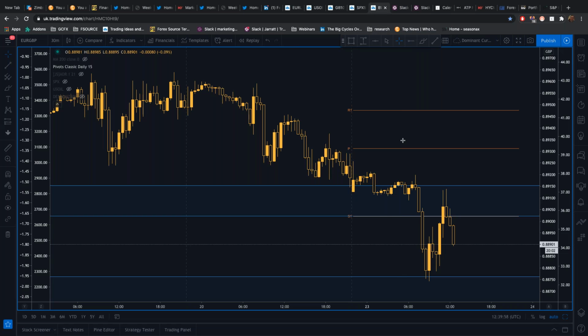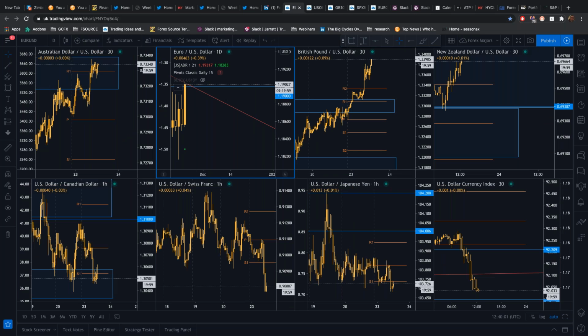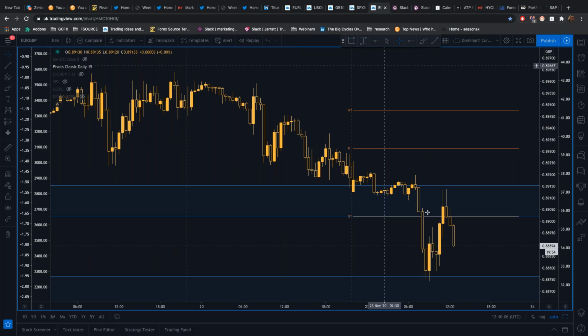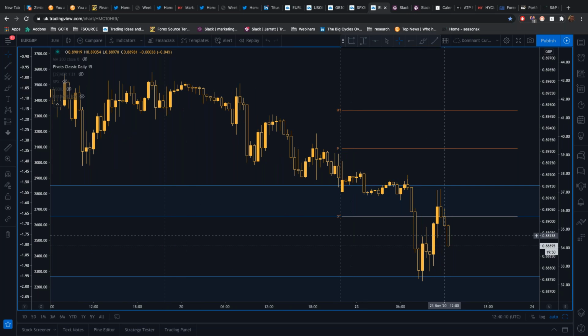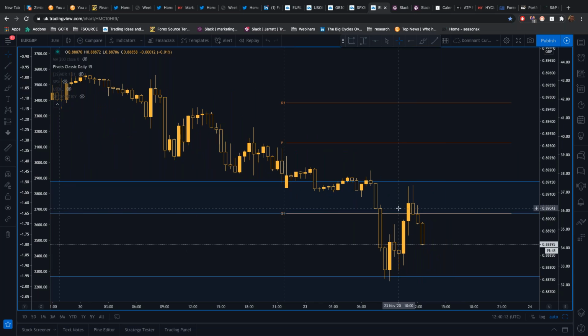Now, obviously, the strength in the euro has come in a little bit on that US dollar weakness. So in hindsight, it probably wasn't an ideal trade, in terms of not everything was lined up for me, but I did just enter at this 0.8903, 0.8905 level, just looking for a little move back down to this 0.8875, 0.8880 region.